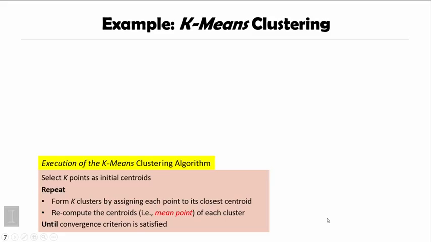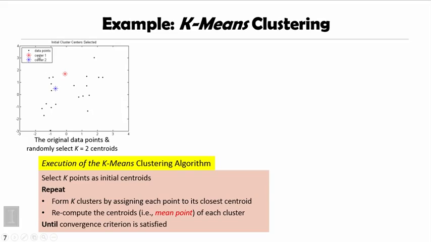Now let's look at an example of how we can execute the k-means clustering algorithm. Suppose we are in 2D space. Initially, the black points are the initial data points. Based on the first line of the algorithm, we select k points as initial centroids.